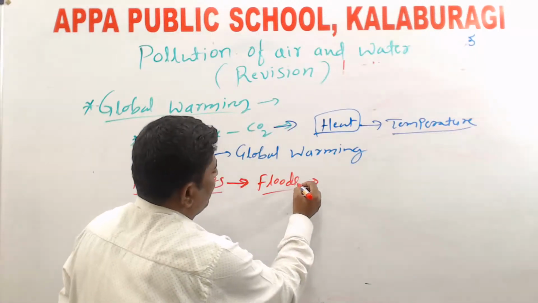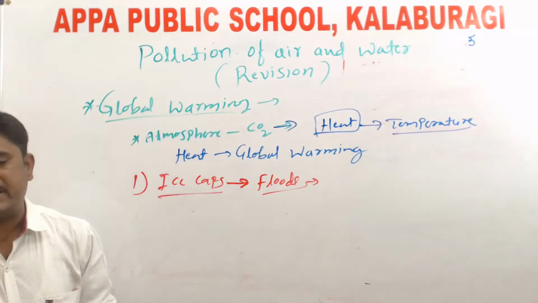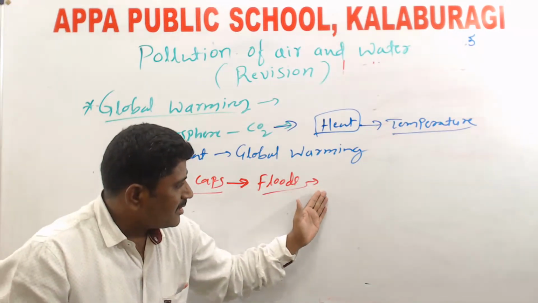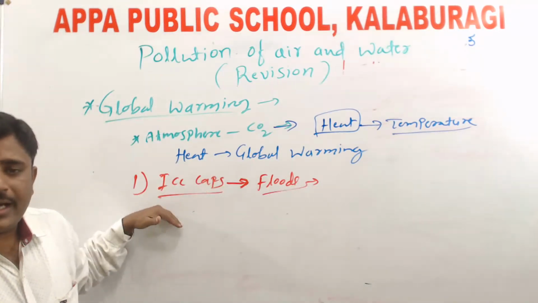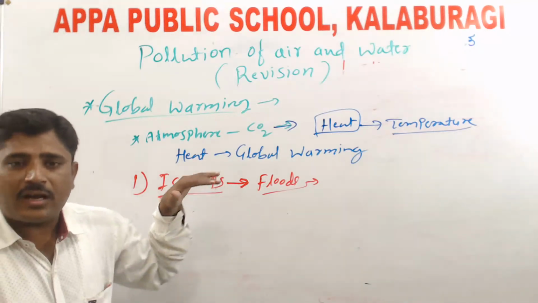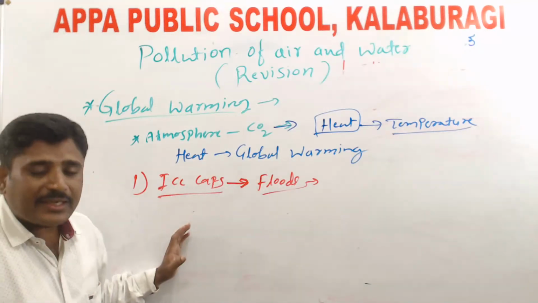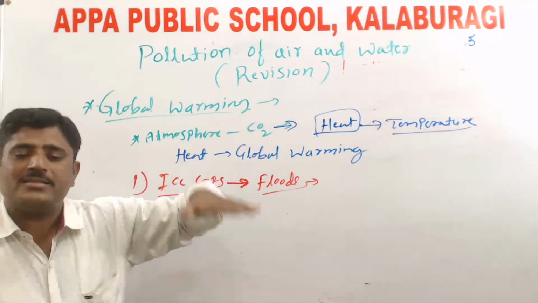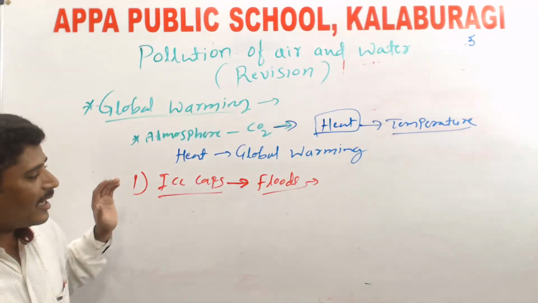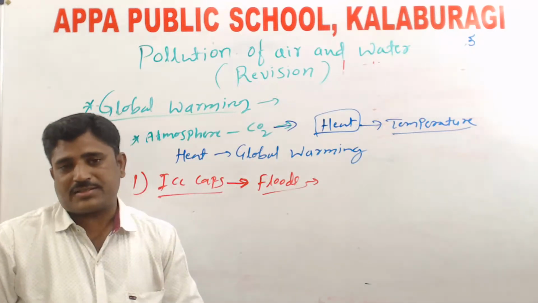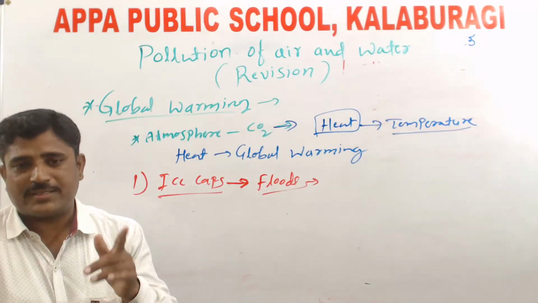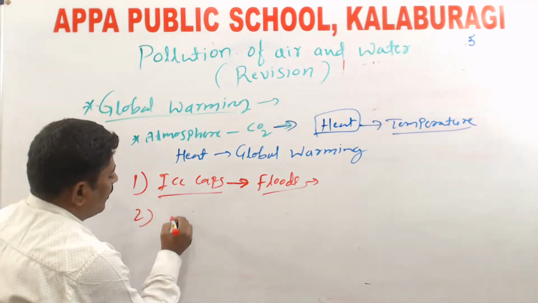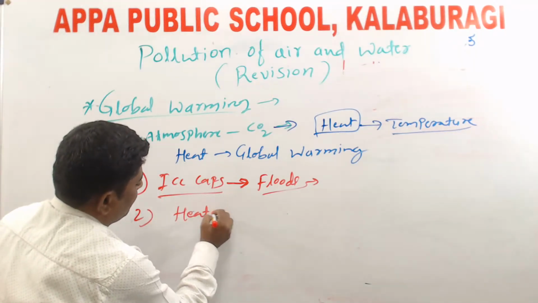Especially it is happening in coastal regions, because in coastal regions seas are there. If all the ice caps, icebergs or glaciers get melted, what happens? The sea level increases. There is a chance of floods.